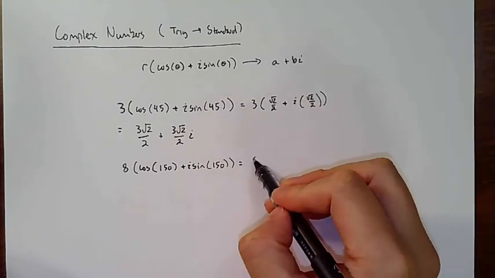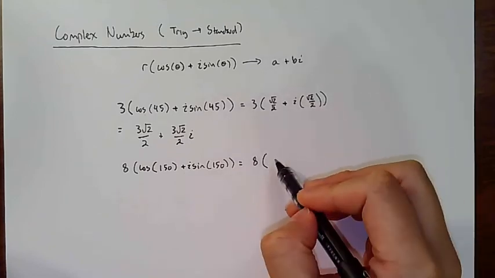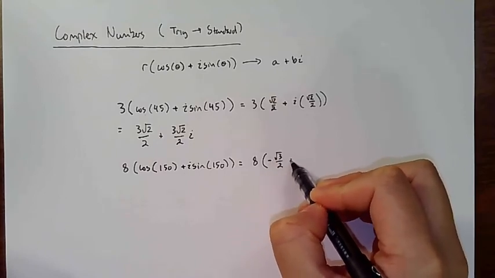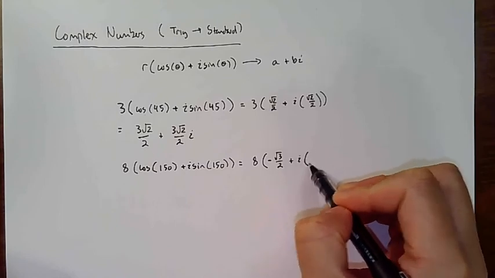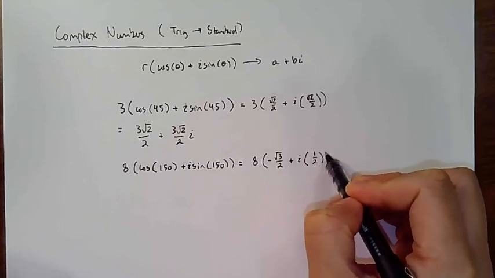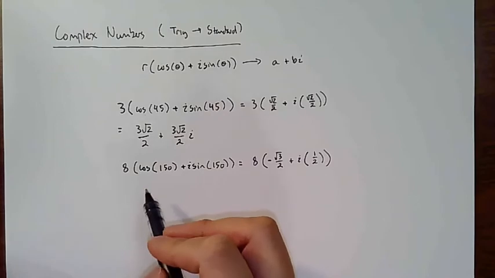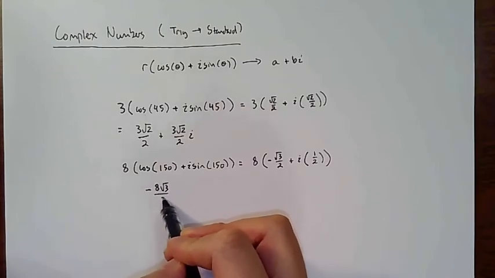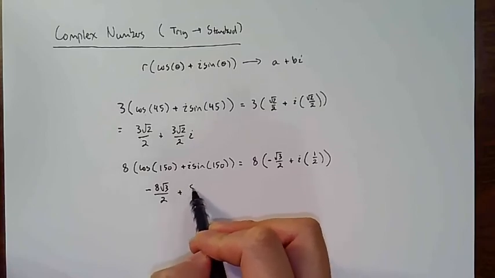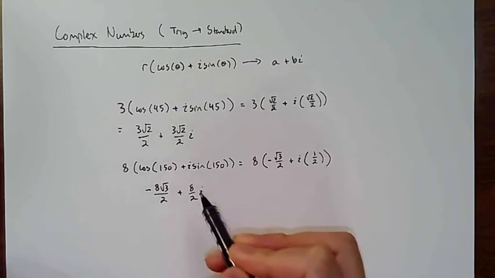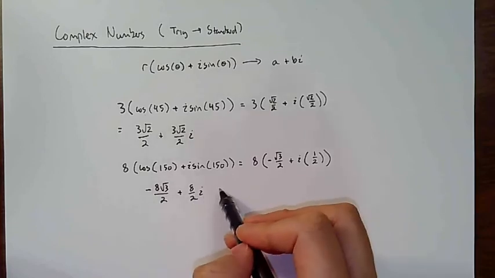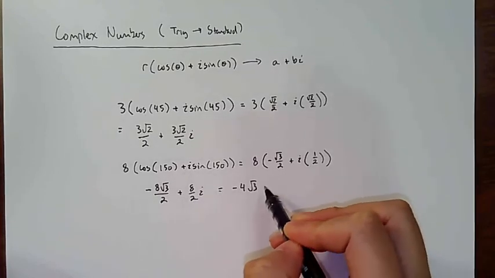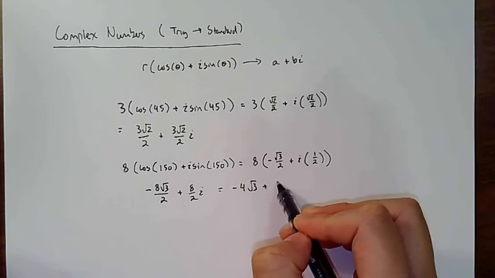We have 8 times the cosine of 150, which is negative square root 3 over 2, plus i times the sine of 150, which is just a half. So we wind up with negative 8 square root 3 over 2 plus 8 over 2 i, and we can reduce each of these. Negative 4 root 3 plus 4i.